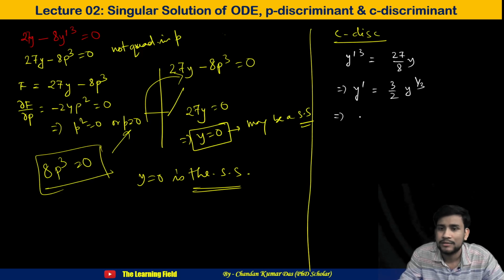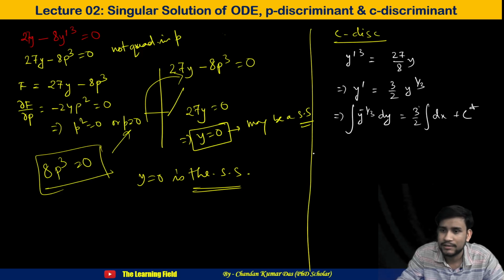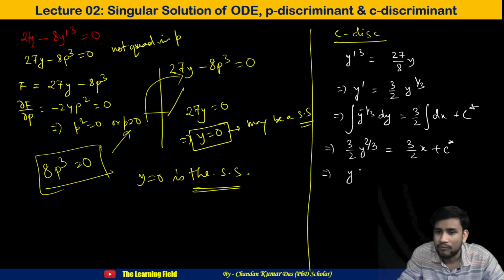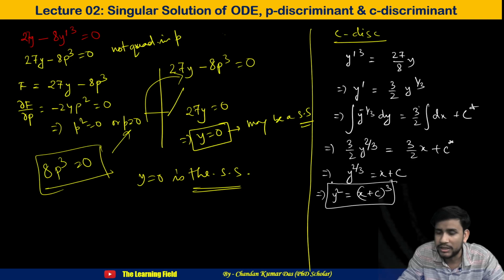So y to the power minus 1/3 dy equal to 3 by 2 integration dx plus c star. So this means 3 by 2 y to the power 2/3 equal to 3 by 2 x plus c star. So we can write y to the power 2/3 equal to x plus c. So that means y square equal to x plus c whole cube. So this is the solution.